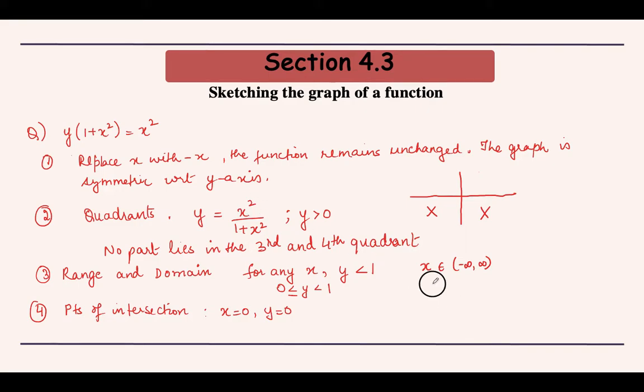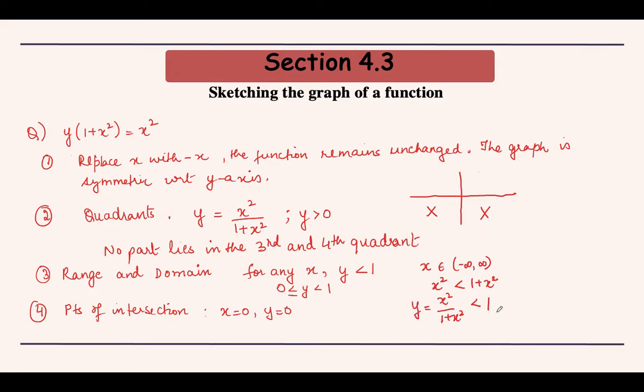So x square is definitely going to be less than 1 plus x square, and therefore this ratio x square divided by 1 plus x square is going to be less than 1, and this expression is nothing but your y. So we can say that y has to be less than 1.